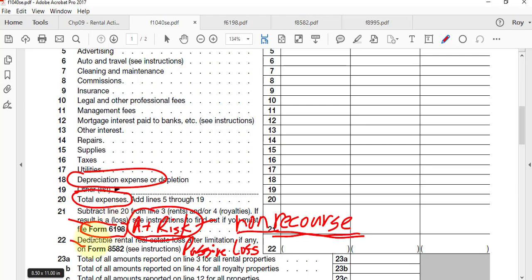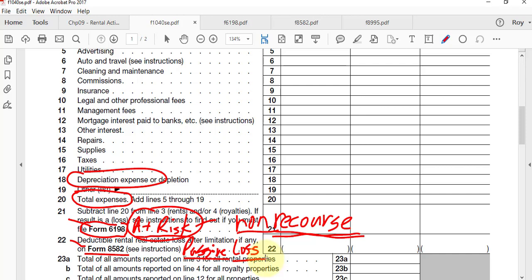Let's move on to the second limitation, which is on this form 8582, dealing with passive activities. Of course, again, income is always taxable, but losses are usually not deductible unless it's allowed by the law.